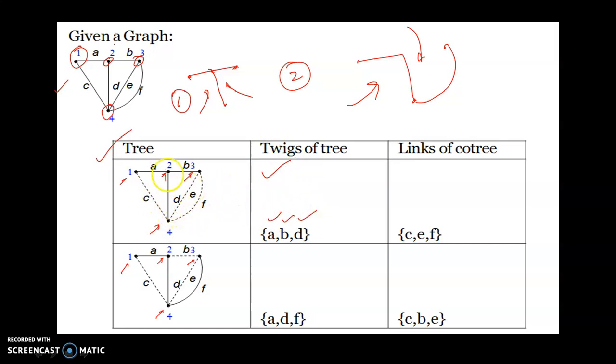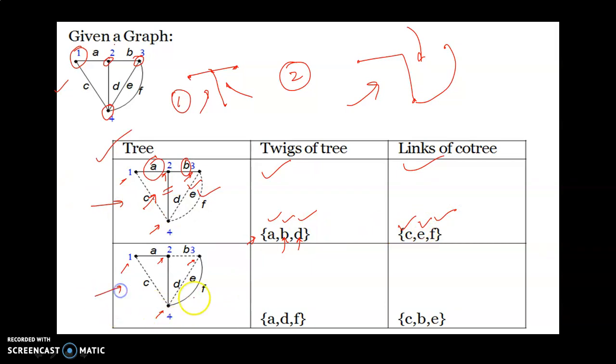Twigs are actually the branches of the tree, and the remaining portion is your links or co-tree. The twigs of the tree are A, B, D, and the remaining are C, E and F in this tree.